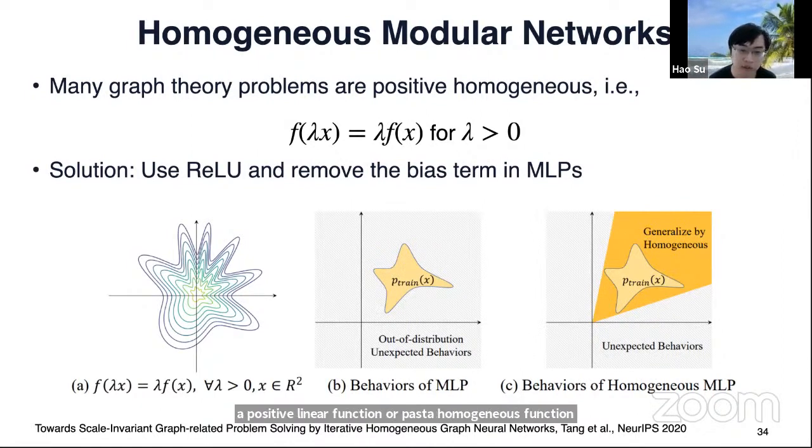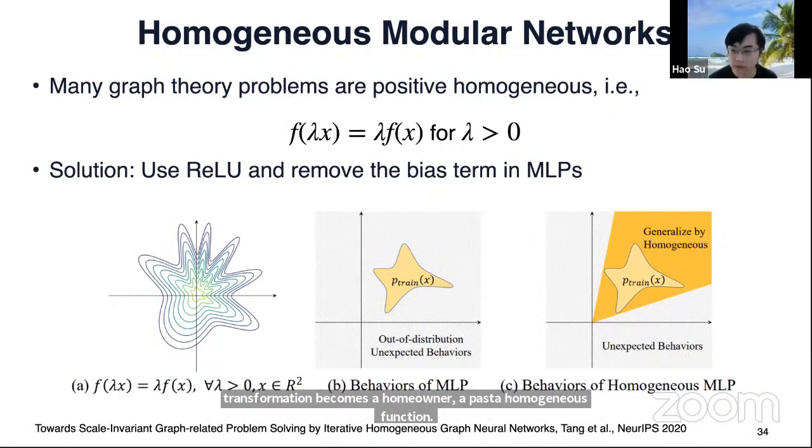If we scale the input of ReLU, then the output of ReLU will scale by the same magnitude, if the scaling factor is positive. And as long as we remove the bias terms in MLPs, the composition of ReLU and this new pure linear transformation becomes a positive homogeneous function.